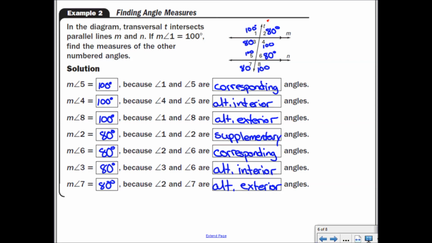If the measure of angle 2 is 85 degrees, then the measure of angle 3 will be 85 degrees. The measure of angle 6 will be 85 degrees, and the measure of angle 7 will be 85 degrees.